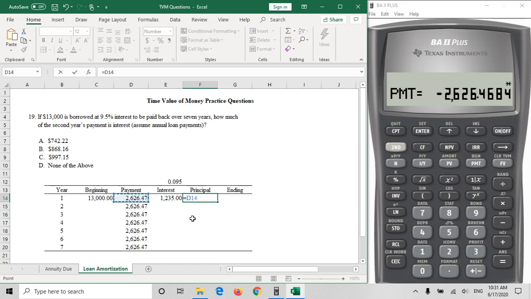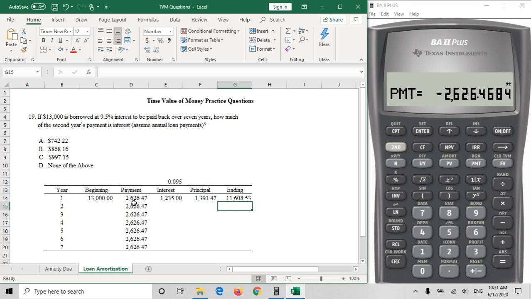What is the principal? This will be your principal. So at the end of year 1, your ending balance will be this. Well, your payment is 26.26. However, this payment consists of 2 parts, interest payment and then principal payment.